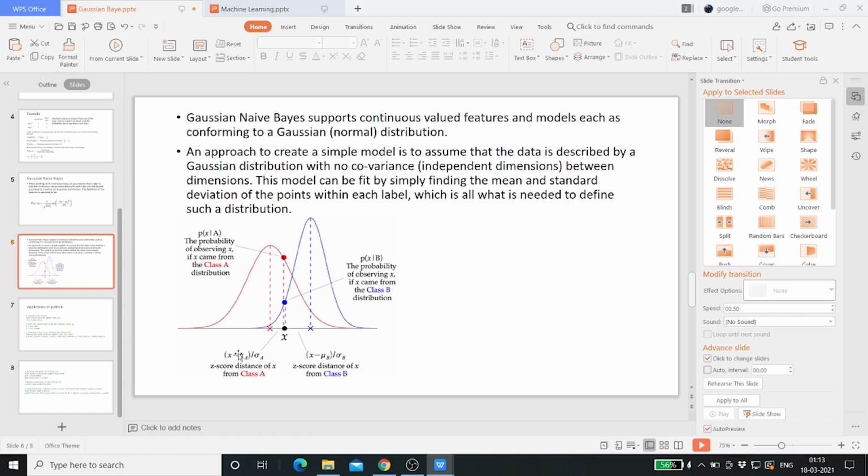This is just a representation. In this graph, the feature x is plotted on the x-axis, and the probability of it being from either class A or class B is shown varying according to increasing values of x.